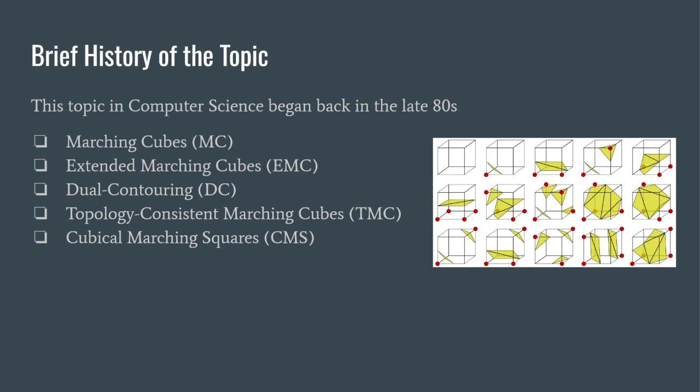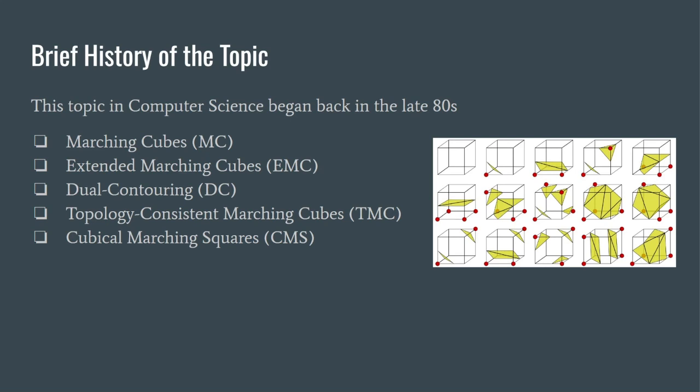This algorithm is an impressively efficient and straightforward algorithm for creating a mesh from a set of volumetric data. The basic outline of the algorithm is to split the volumetric data into a grid of voxels, or cubes, and apply the algorithm on each cube to then create a whole mesh. Hence the name marching cubes.